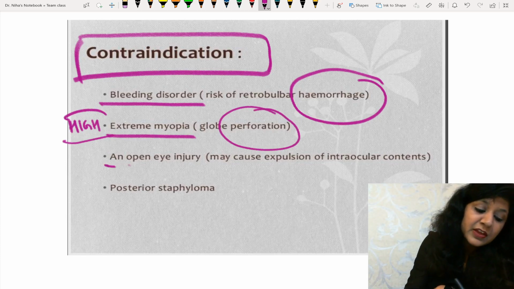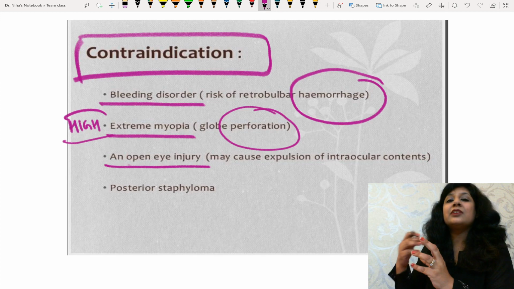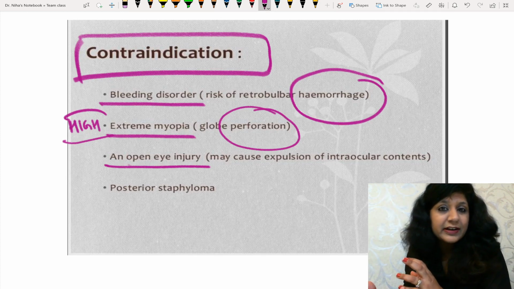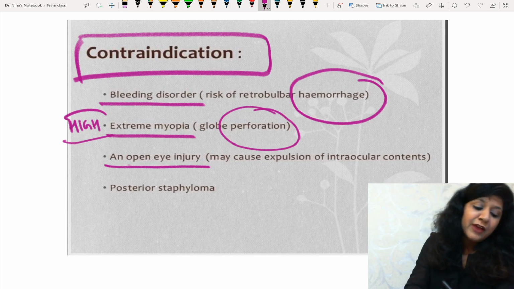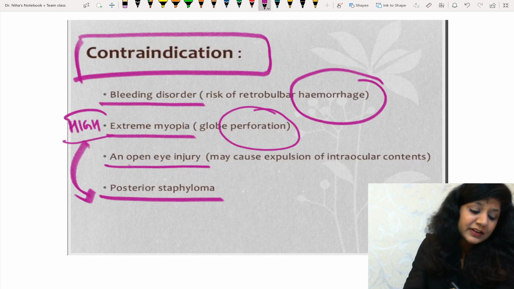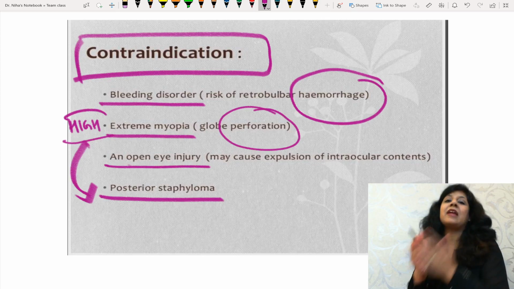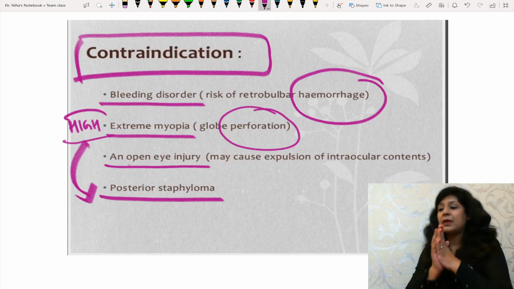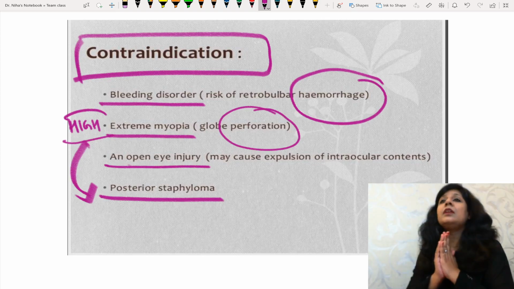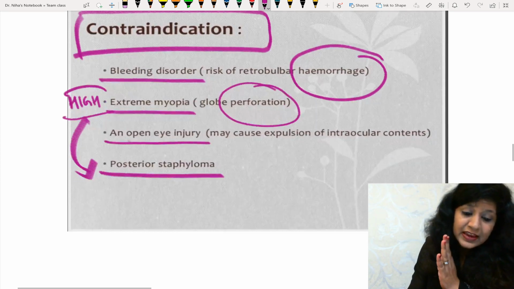Then number 3, if there is an open eyeball injury, then the chances of expulsion of the contents become very large. And finally, the posterior staphyloma, that is related to your high myopia only. There we have overstretching, and therefore we should not do the retrobulbar block. Now, what are the things that we inject here?